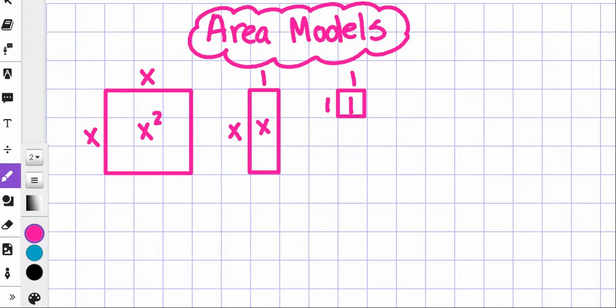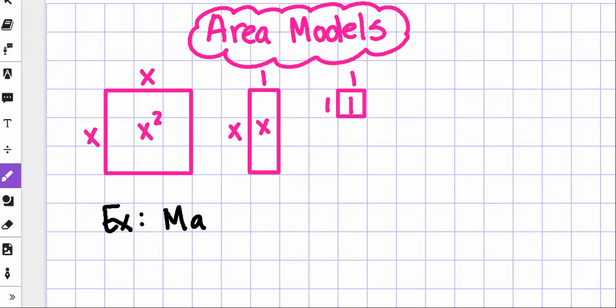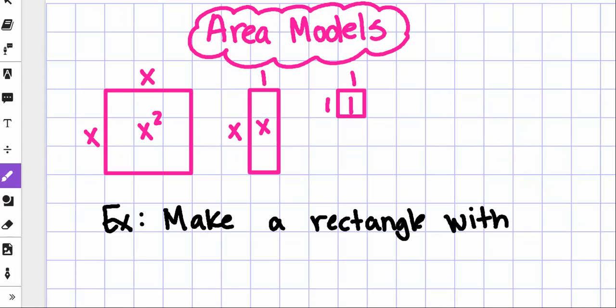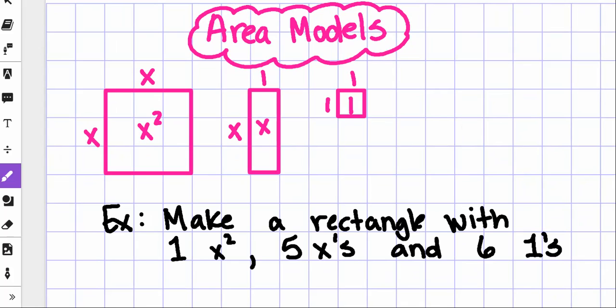So for example, what we did yesterday was we were asked to maybe do the following: to make a rectangle with 1 x squared, 5 x's, and 6 1's.